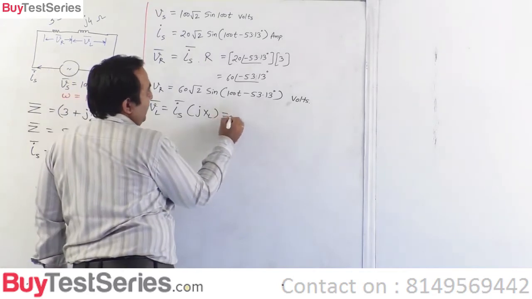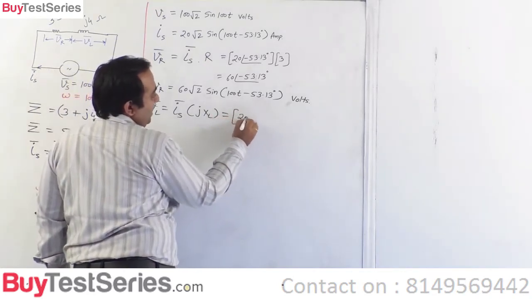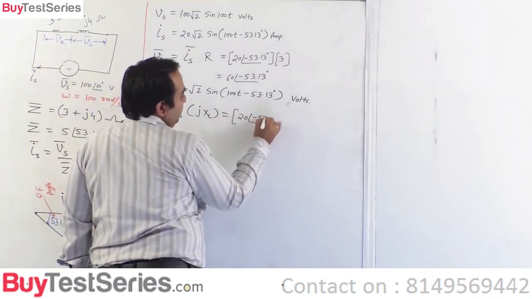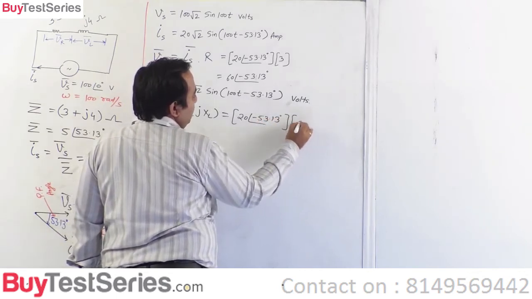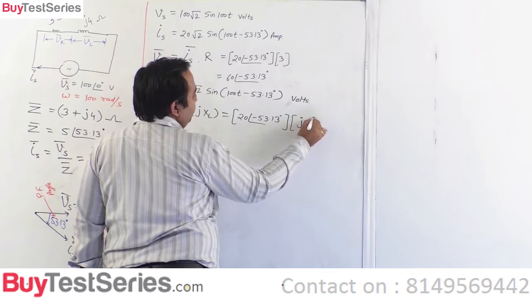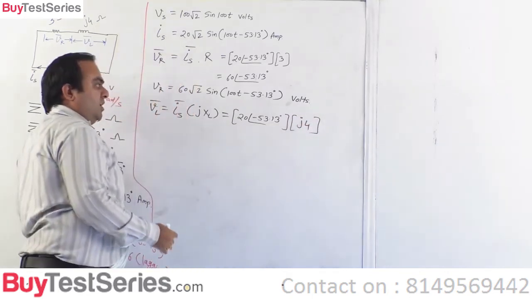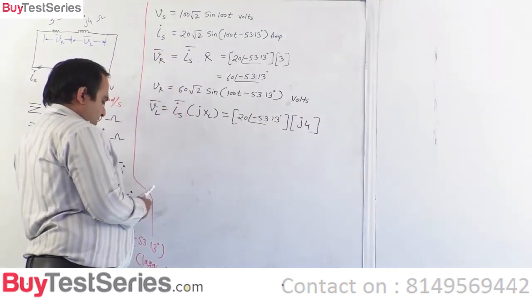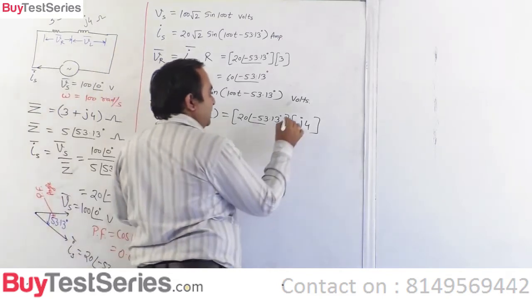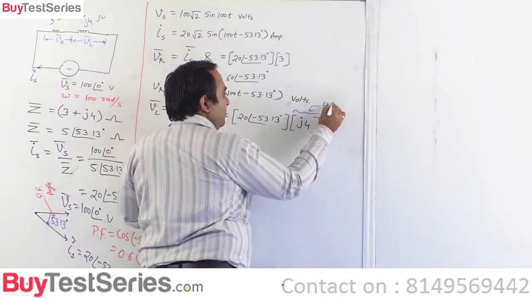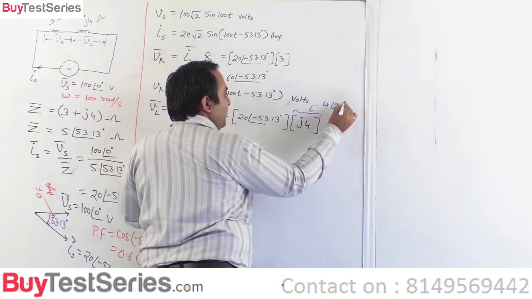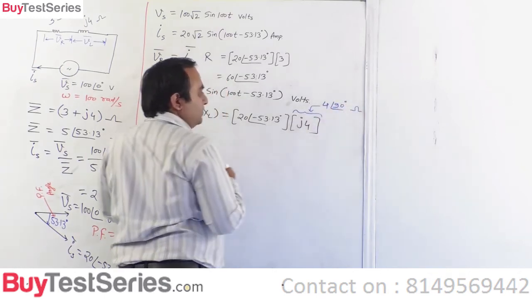So we write it as 20 angle minus 53.13 degrees into j4. Now what is j4? j4 is 4 angle 90 degrees ohms.